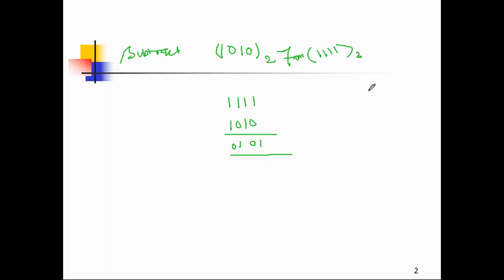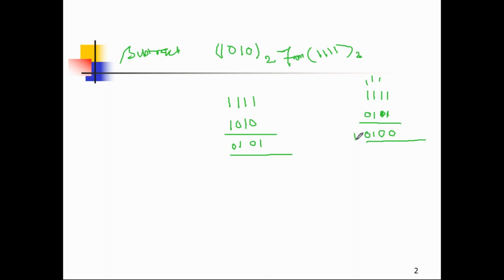Under that situation, take the given first number as it is, then find the complement. The one's complement of this one is 0 1 0 1. Then add both. 1 plus 1 is 0, carry is 1. Again the sum is 0, carry 1. 1 plus 1 is 0.